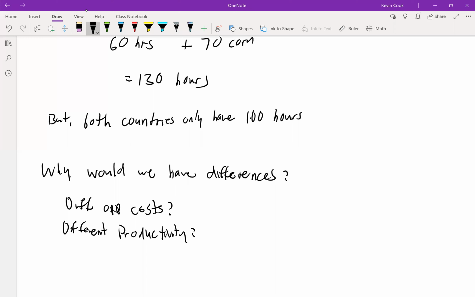So when we think about our different opportunity costs and think about our land, Saudi Arabia has a lot of desert. Whereas the U.S., yeah, we have some desert, but we also have a lot of farmland. We have a lot of grassland, a lot of land like Iowa. So when I think about why they have different opportunity costs, it's partly because we have different natural resources available to us.